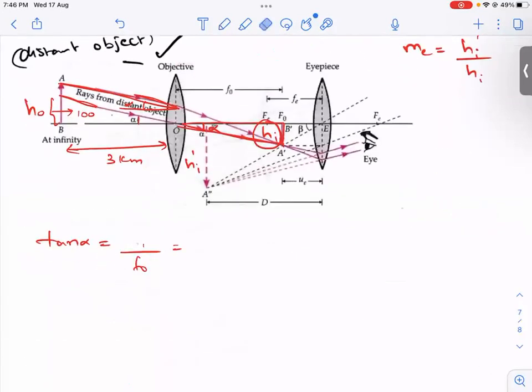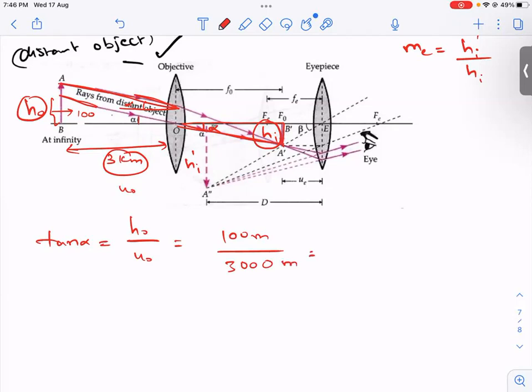So I can also take this value. Tan alpha will be equal to h naught divided by u naught. So h naught is 100 meter divided by u naught, 3000 meter because 3 kilometer. So it will be 1/30th of a radian.